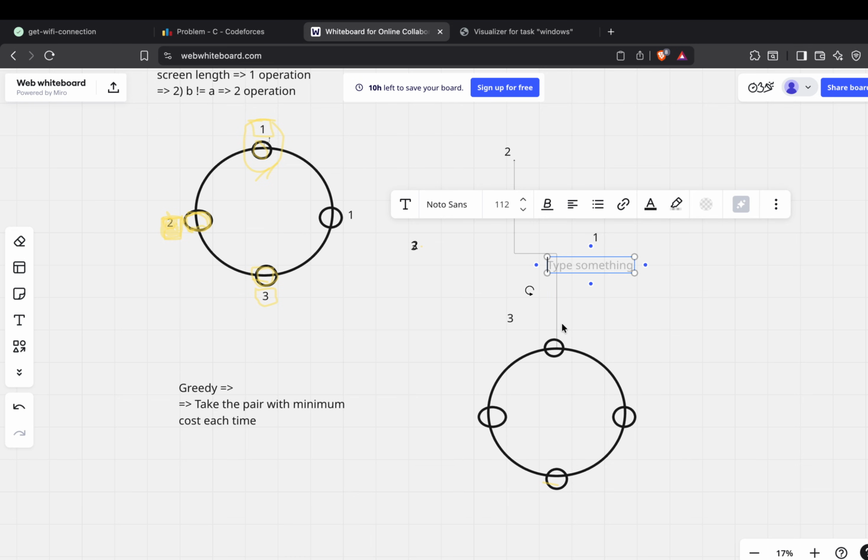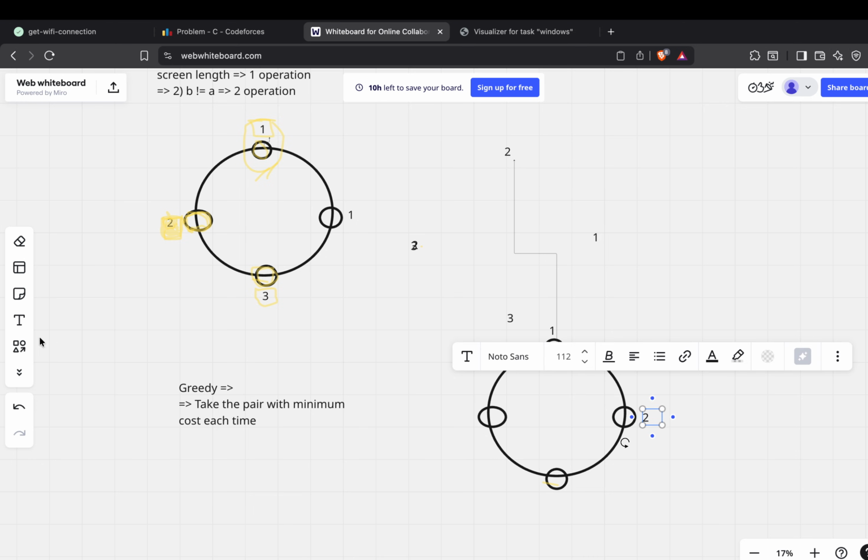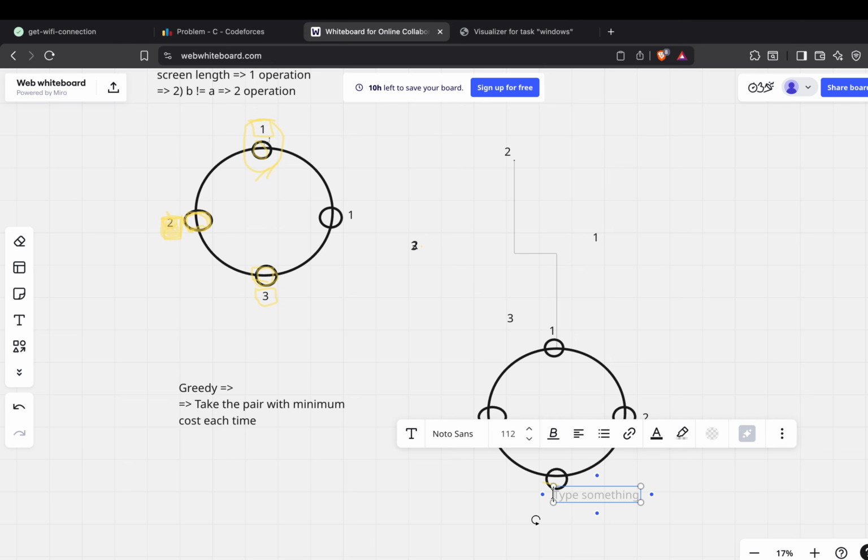Here, this node's cost is 1. This node's cost is 1 again. Like let's say 2 again. This node's cost is 3.